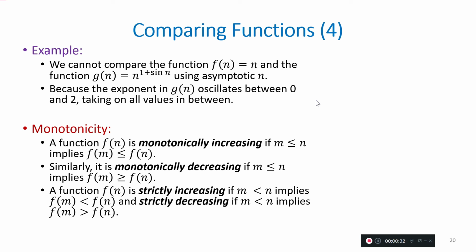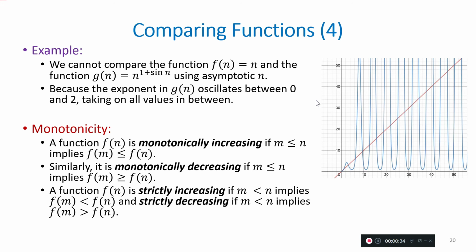So this would look something like this. So we see over here, the red line, which denotes f of n, cannot be compared asymptotically with the blue line, which corresponds to g of n, as g of n moves up and down around the line f of n.